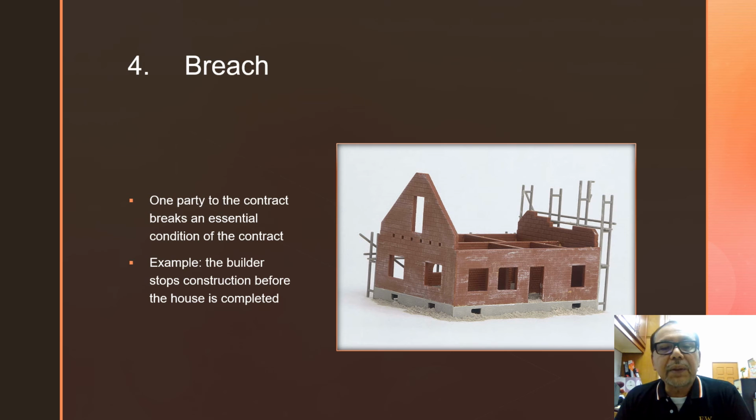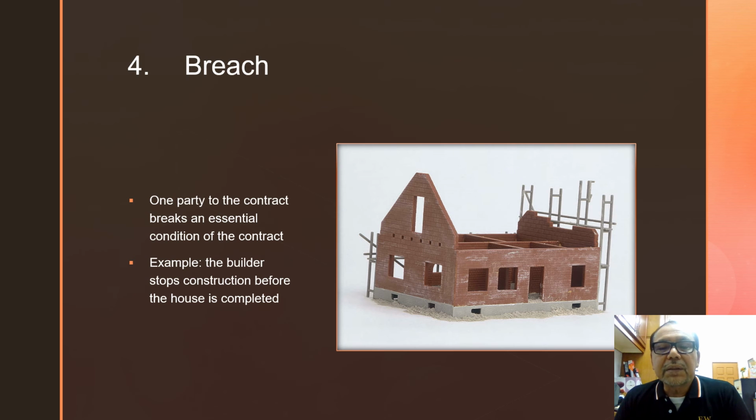Breach, okay. One party to the contract breaks an essential condition. Essential condition means the important condition of the terms of the contract. So example, a builder stops construction before the house is completed. I have an agreement with a contractor to build my house.